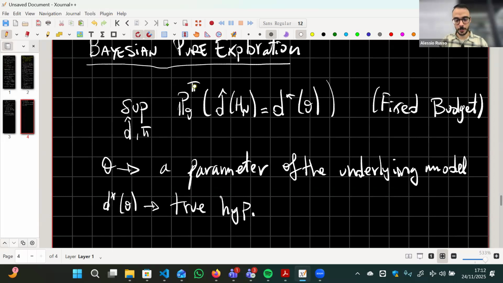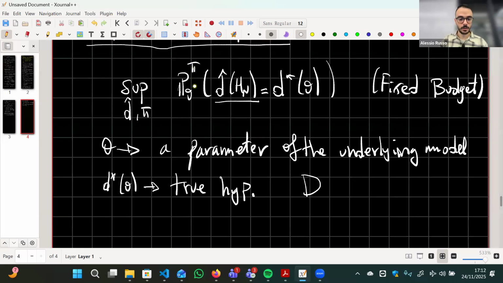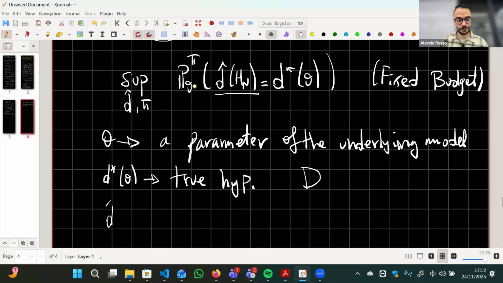It belongs to some space capital D. Then we have D hat, that is a function of the trajectory up to capital N steps. So D hat is a mapping from trajectories to decisions. This is also called the inference rule.